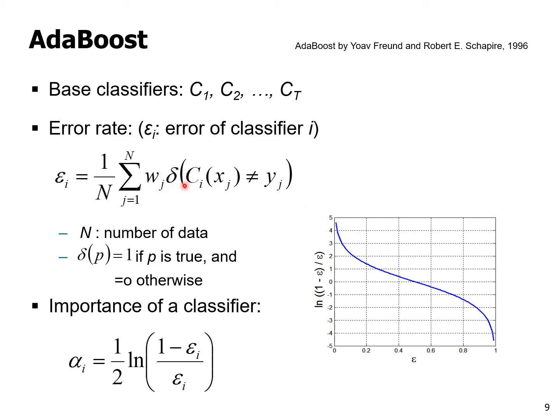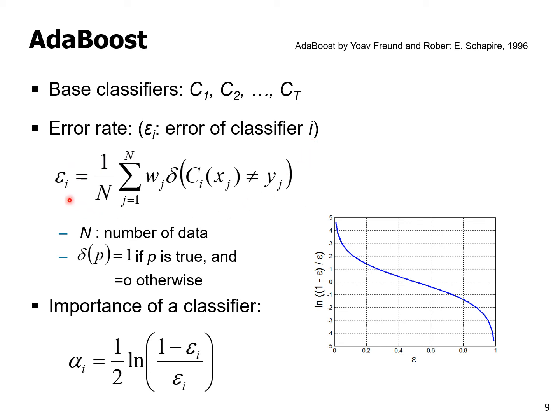And this is multiplied by w, the weight value of data j. So this is multiplied by the weight value of data j, and we do a summation of this for every data. That is the definition of the error of classifier i, the size of the error.